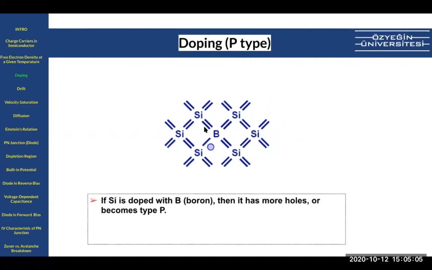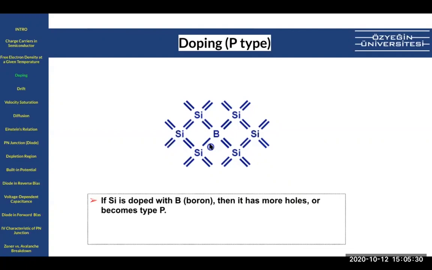Then we can dope this structure. Basically, doping is adding another structure other than silicon. So if we dope it with boron, boron is a 3A, so it has one less electron than silicon. When it bonds with silicon, it bonds using its 3 electrons, right?